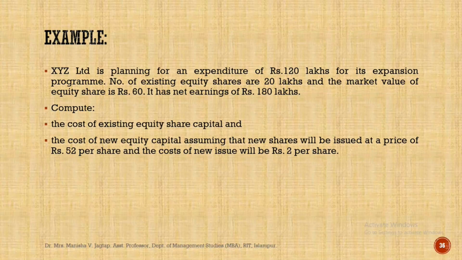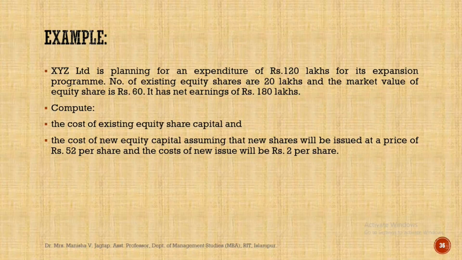So again here you can see the information given which will help us to solve the example. First, information is given concerned with an expenditure that is 120 lakhs they are planning to spend on expansion.